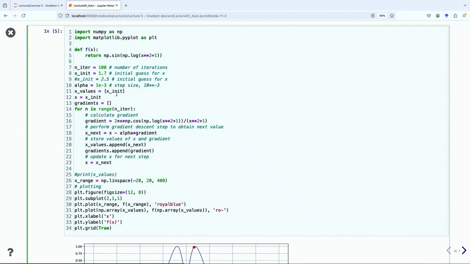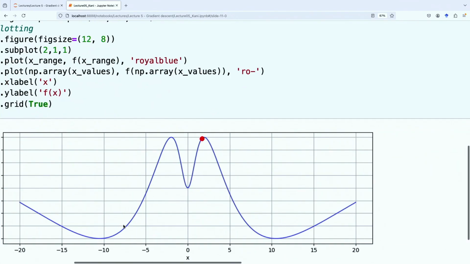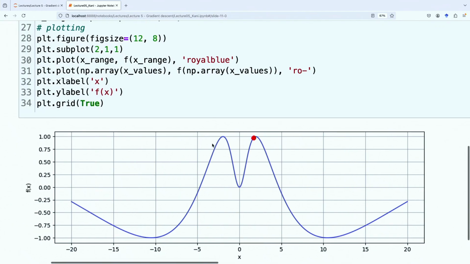So if we do the gradient descent algorithm, we get something. That doesn't completely make sense. What's happening here? Any ideas?